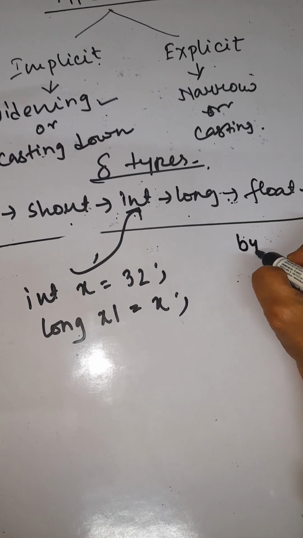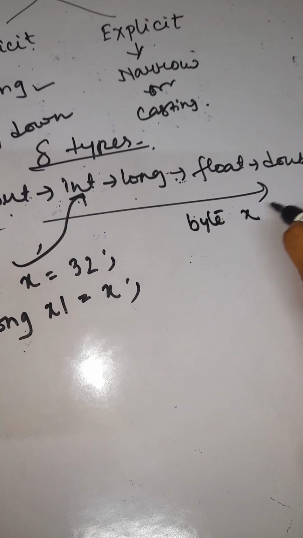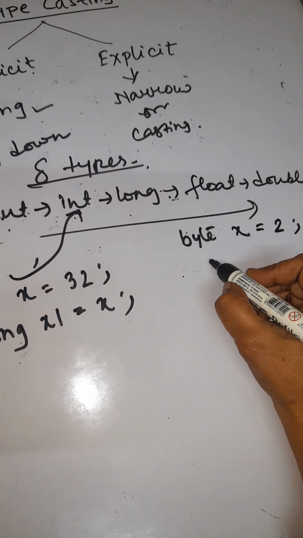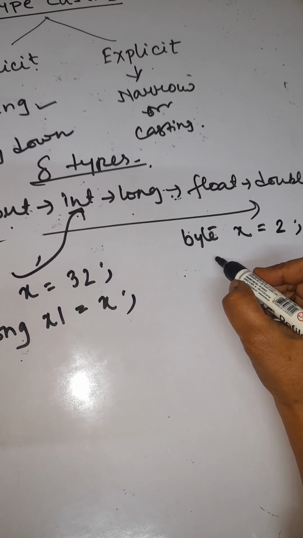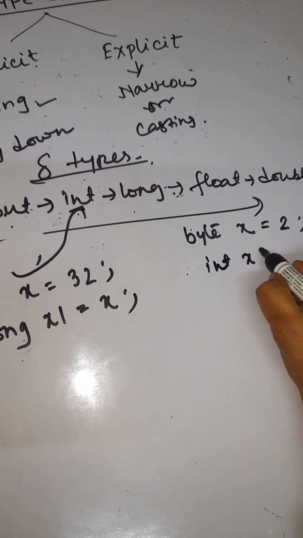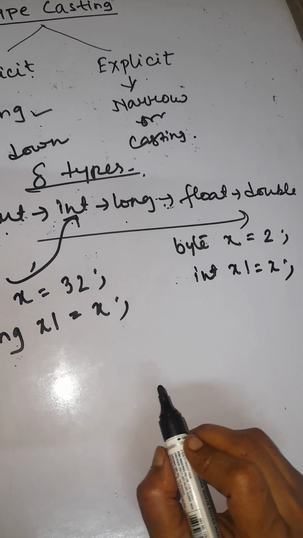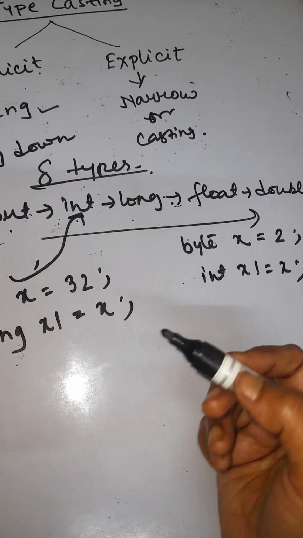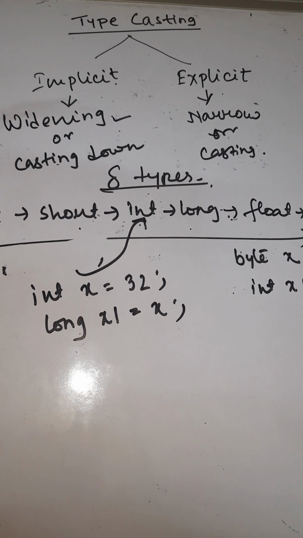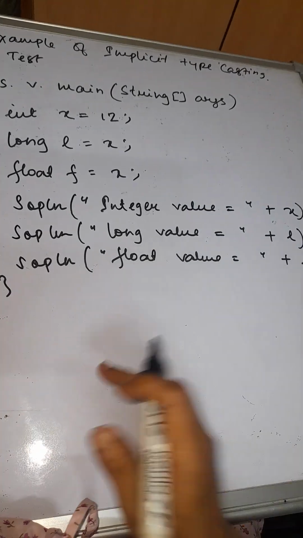If you have a byte variable x equal to 2 and want to convert it to short or int, that is int x1 equal to x, directly you can do it. There is no loss and you can easily do it. So this is known as implicit typecasting, widening typecasting or casting down.